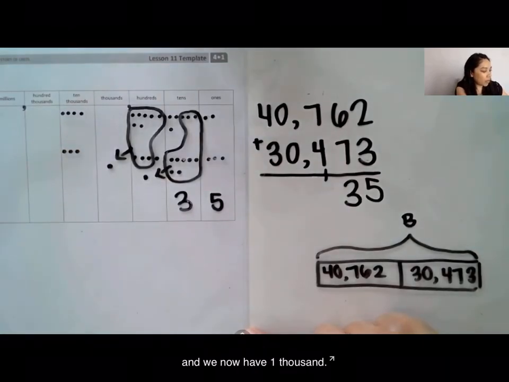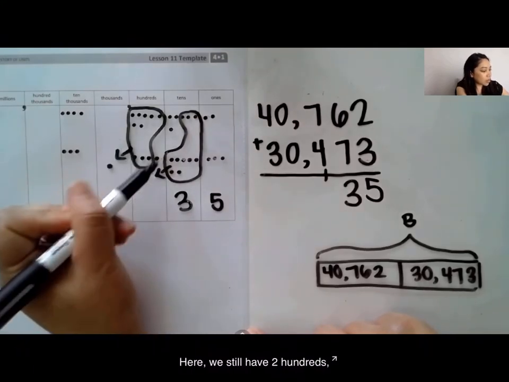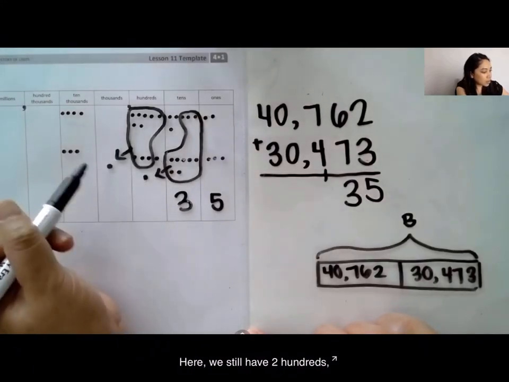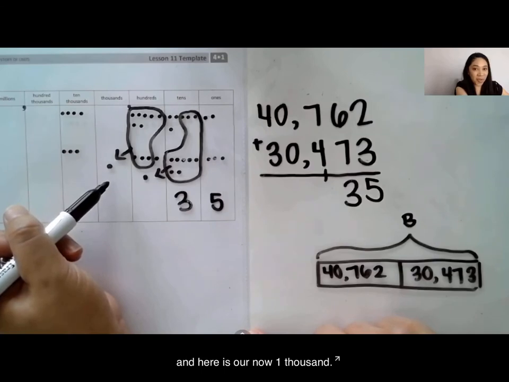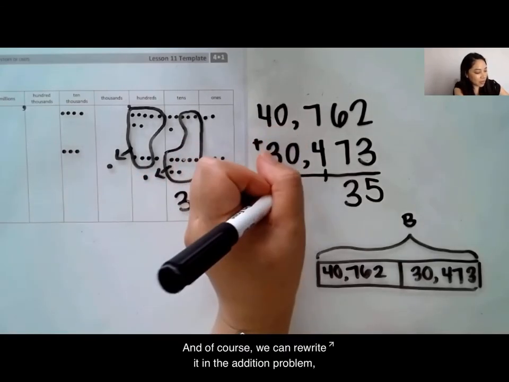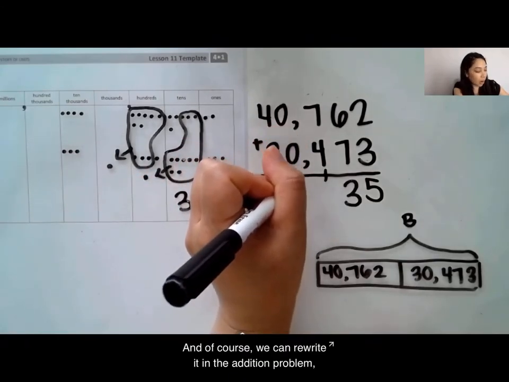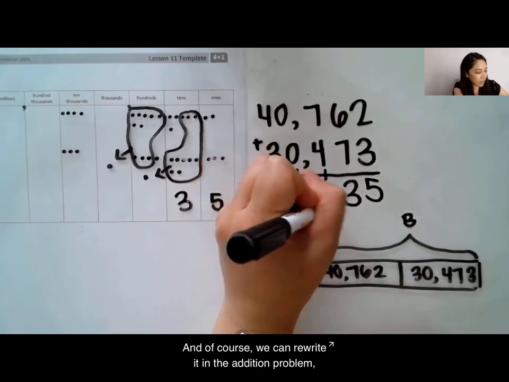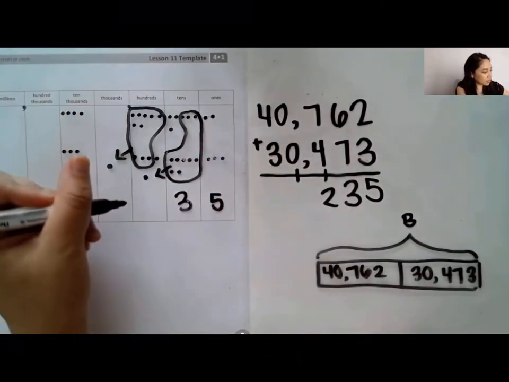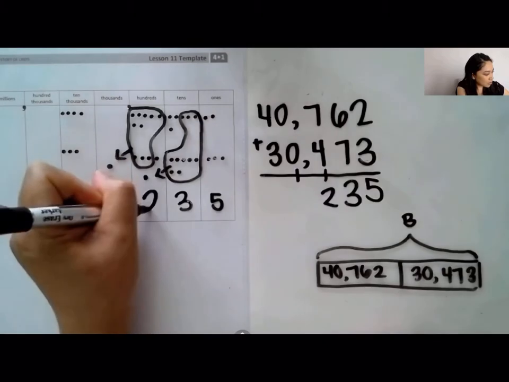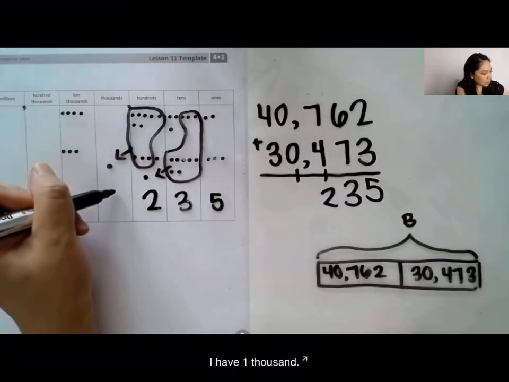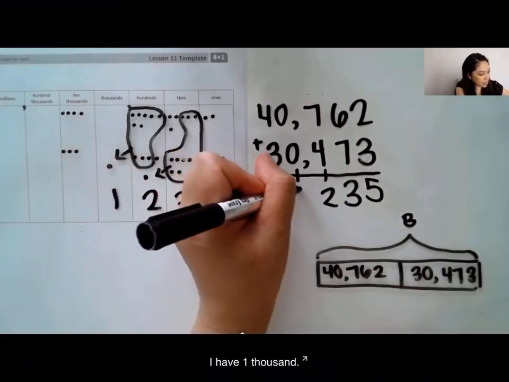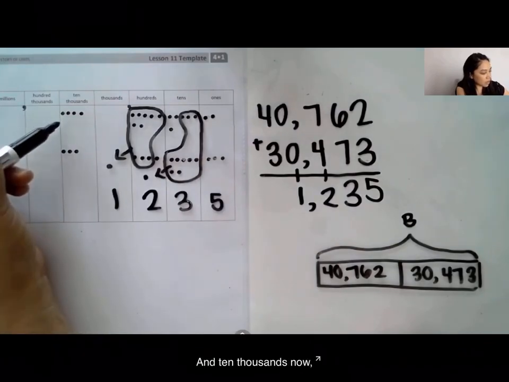And we now have 1,000. Here we still have 2 hundreds, and here's our now 1,000. And of course, we can rewrite it in the addition problem like so. We have 1,000 and 10 thousands now.